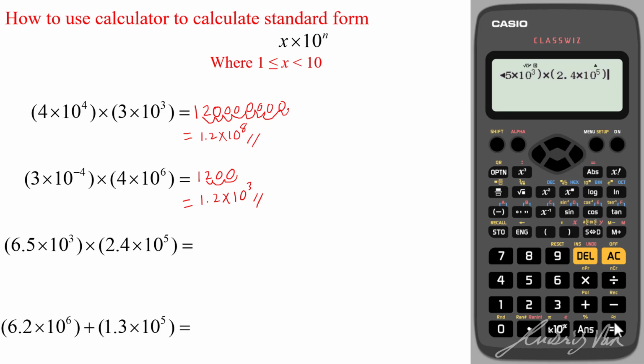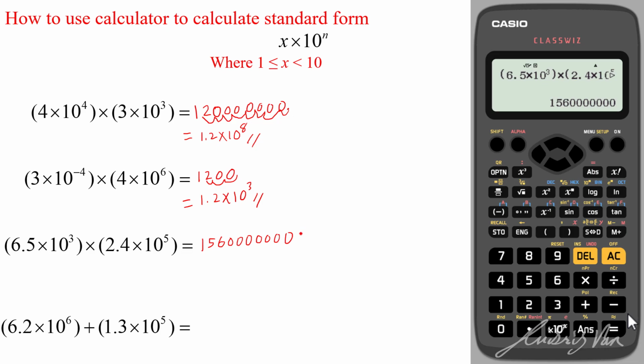Then close bracket, equal. So you must be careful because there's a lot of 0. 156, 0 0 0, then 4 more 0. Double check.